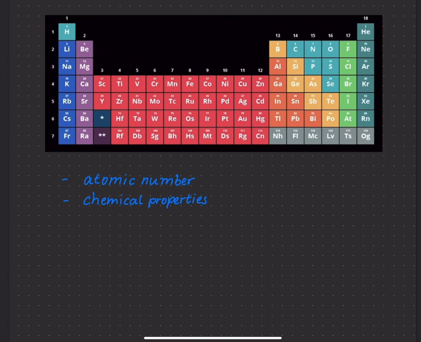And we have the electron shells, so the chemical properties, and the electron shells.